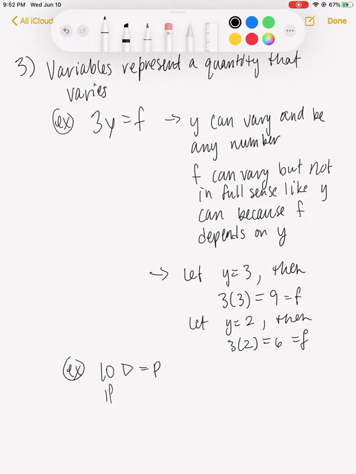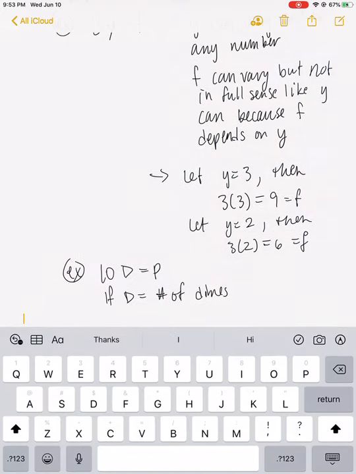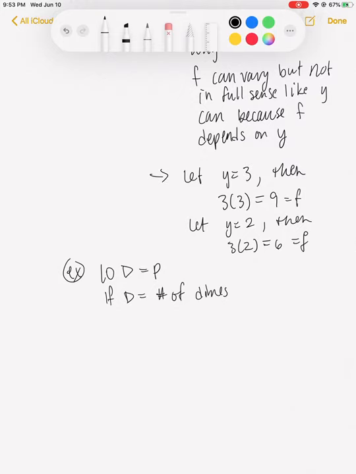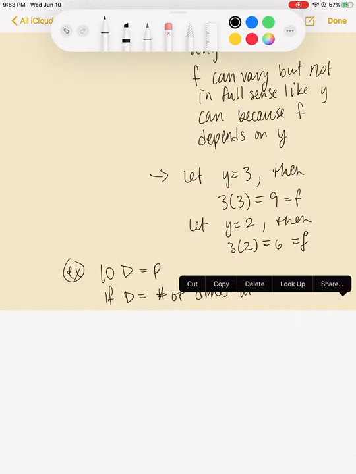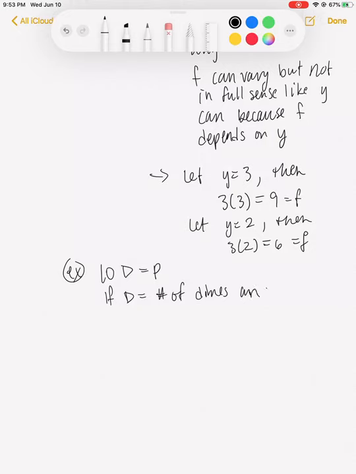If d is equal to the number of dimes I have, and p is equal to the number of pennies, then 10d equals p as a relationship. 10 times the number of dimes is equal to the number of pennies.